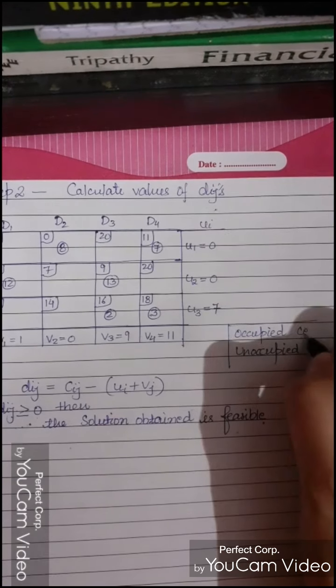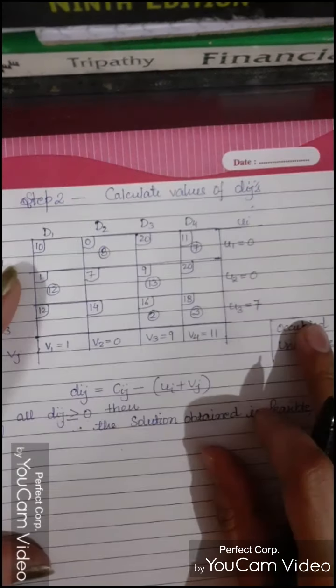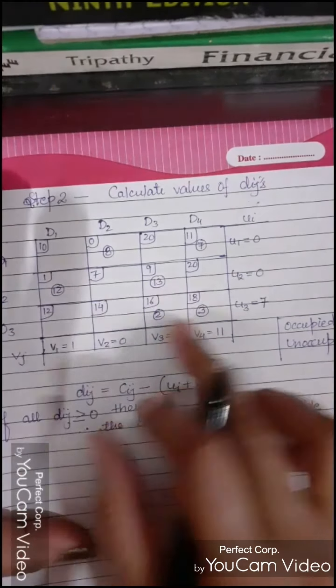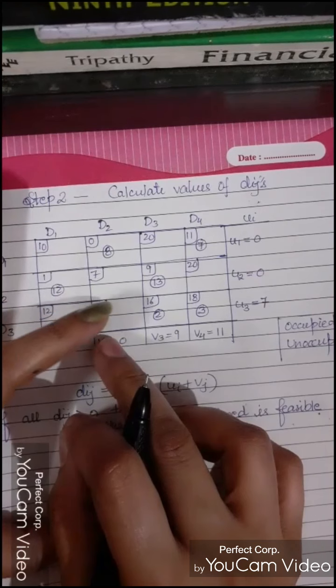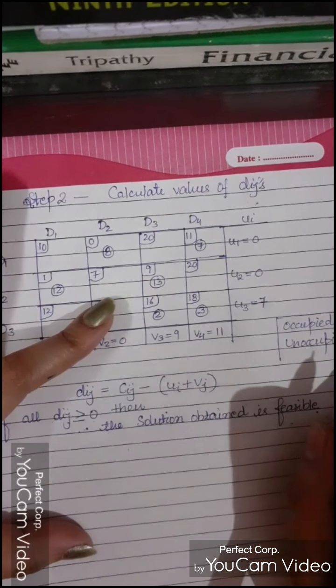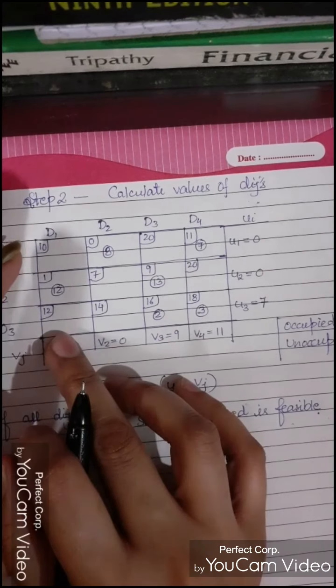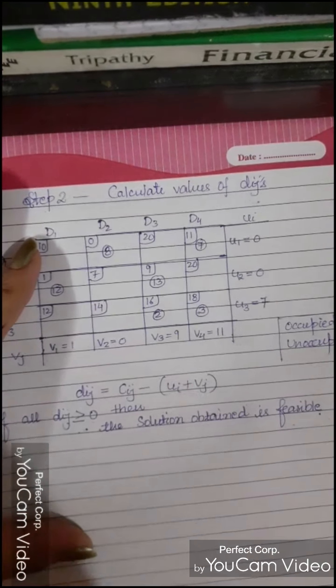What do you mean by occupied and what do you mean by unoccupied? Occupied means all the places where we are having allocations, all the cells. And unoccupied means where we are not having allocations. So we will start according to that.